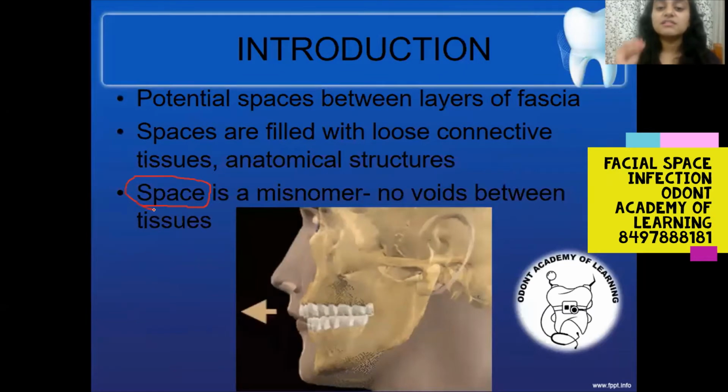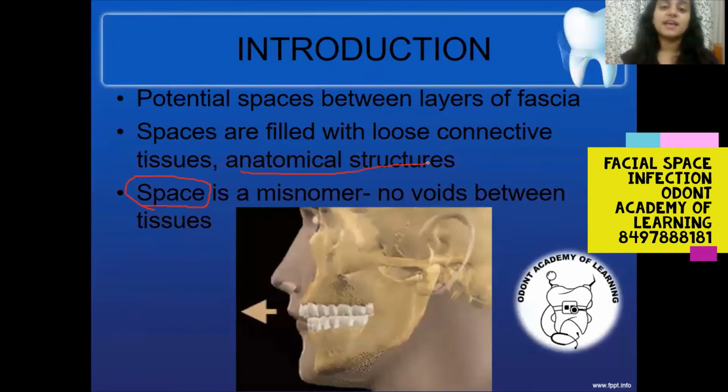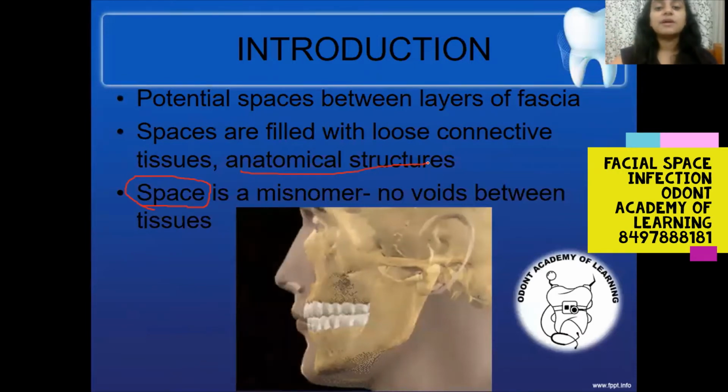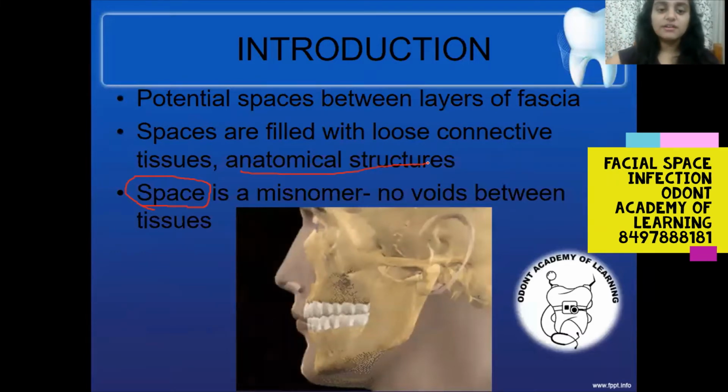Even though it says facial space, the space is actually occupied with a lot of anatomical structures like muscles, salivary glands, lymph nodes, vascular elements, and loose connective tissues. All of these form different fascias.